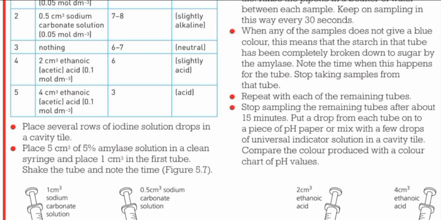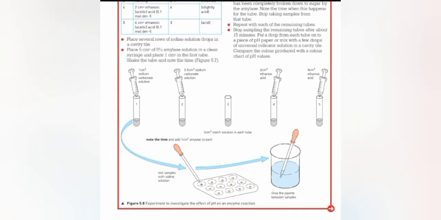So this is all about the experiments that you have to perform practically. These experiments test your practical understanding, and the most important skills you must have for your practicals are measuring time, observing color change, comparing results, and drawing conclusions.